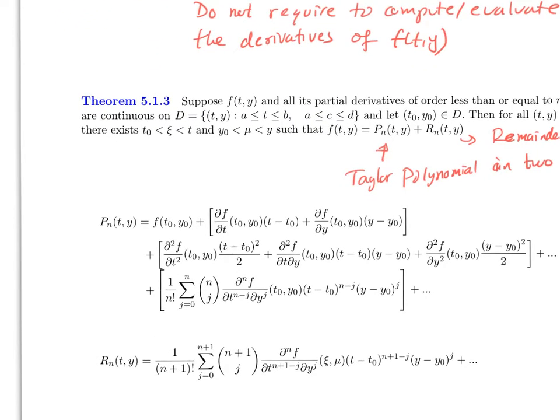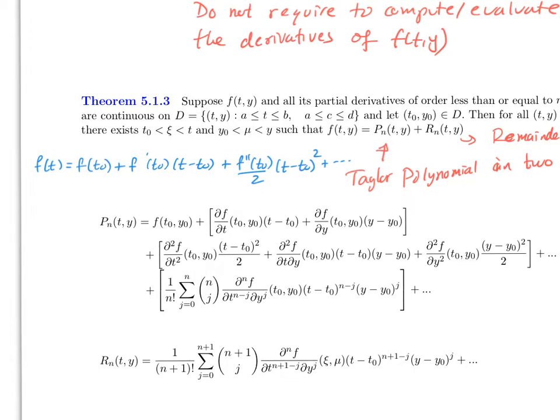Now, just to refresh your memory, we have done this multiple times in the class by now. But remember, you have a function and you want to write the Taylor polynomial. If this is created around, let's say, t0 in one dimension, this looks like this. t minus t0 plus f double prime t0 over 2, t minus t0 squared, and so forth. Okay. So this is the same idea, except this is in two variables.